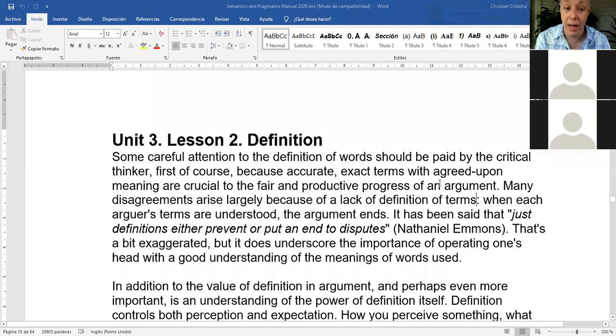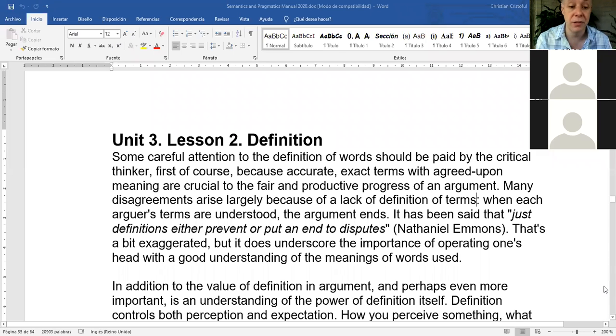Okay, let me share my screen again. So you need to go over the manual. It's lesson 2, definition, unit 3.